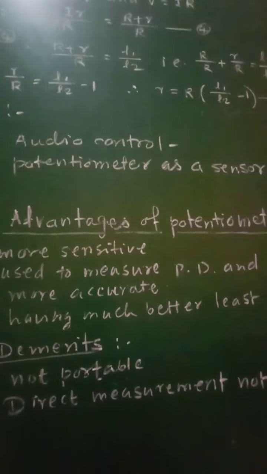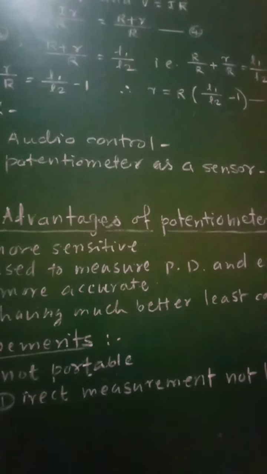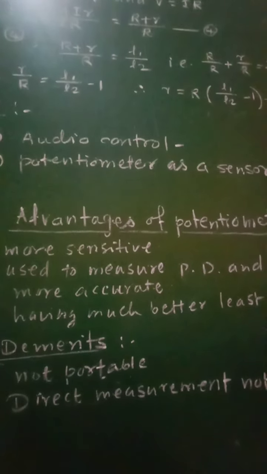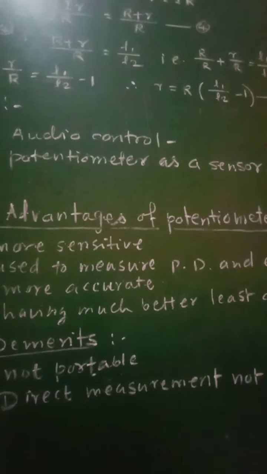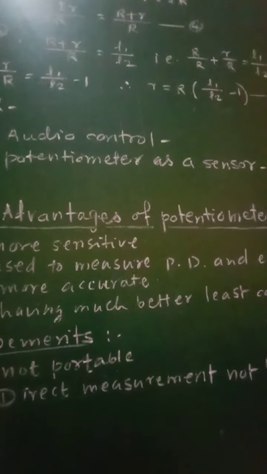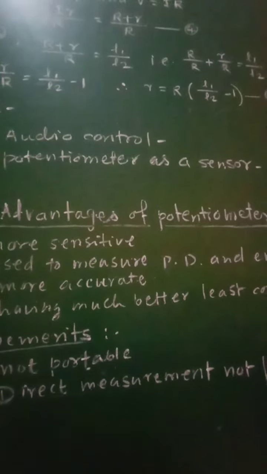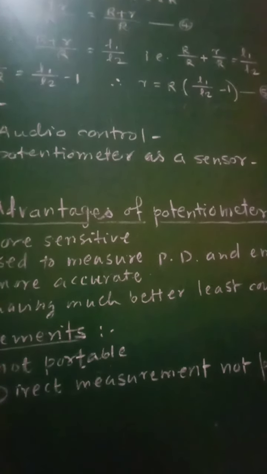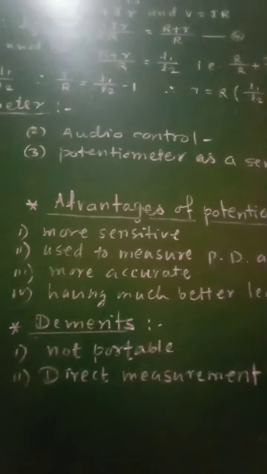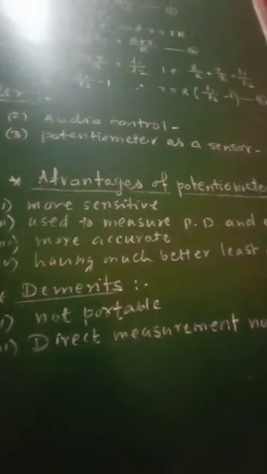A small displacement of the moving part causes changes in potential, which is further amplified by using an amplifier circuit. The potential difference is calibrated in terms of displacement of the moving part, and then it will act as a sensor. And now let us see the advantages of potentiometer.